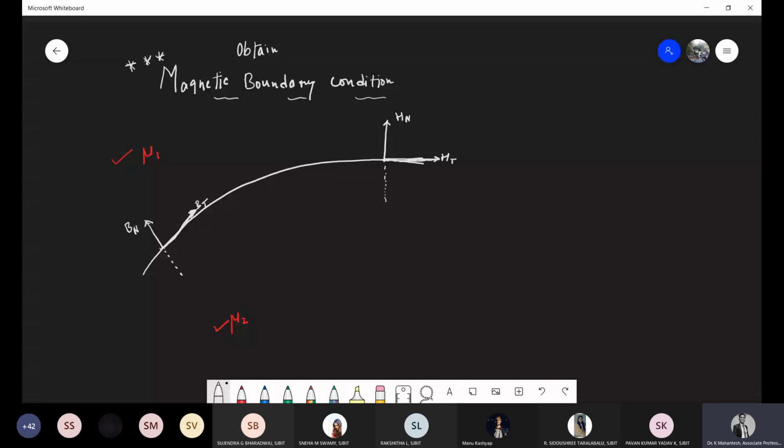So the magnetic field is continuous in a single medium, and at the boundary between two materials it may change abruptly in magnitude and direction. So I would say H and B change abruptly on the boundary, and we are trying to measure the H normal component, H tangential component, B normal component, and B tangential component.